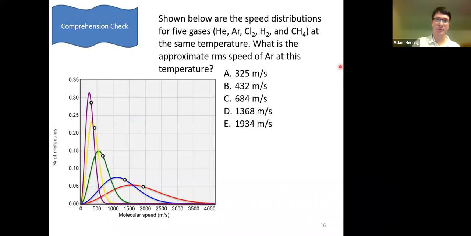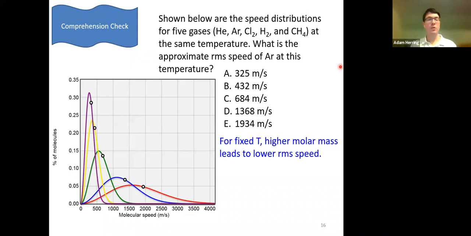Welcome back. So we know that if we're at a fixed temperature, molecules that have higher molar masses will tend to have lower speeds. We can use this equation to calculate the RMS speeds and also to remember that this relationship is the case. However, we don't actually need to calculate the RMS speeds.